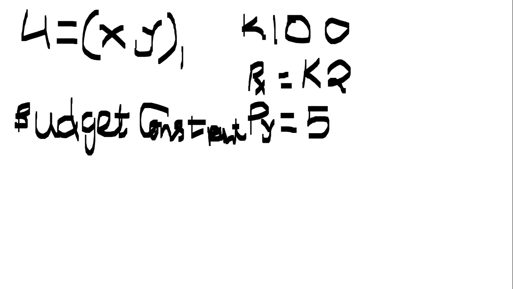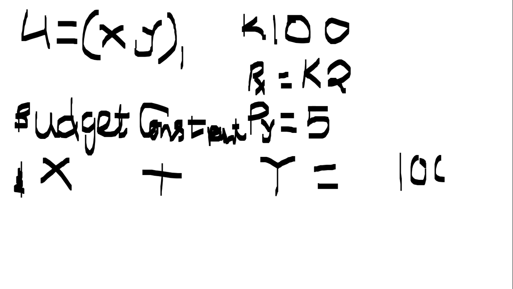So what we do is this: I have to buy X units of good X, and at the same time I need to buy Y units of good Y, given that my income is 100 kwacha.